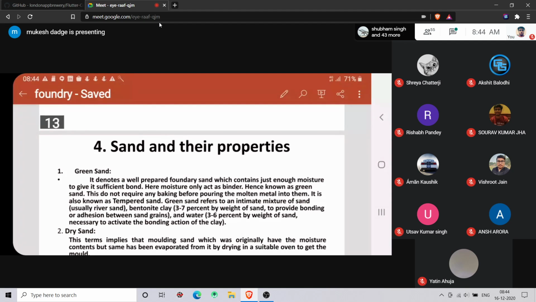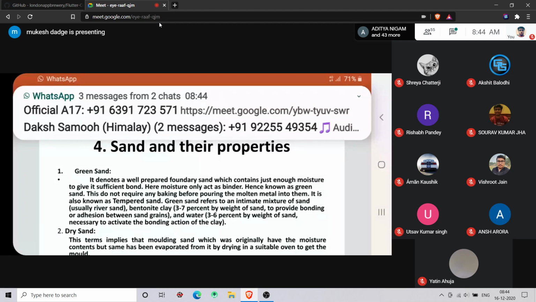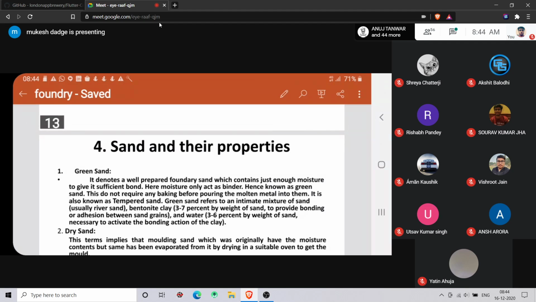It is also known as temper sand. Green sand consists generally of sand and bentonite clay, up to 3 to 7 percent, for the bonding or adhesion between the sands. So bentonite is a bonding agent.